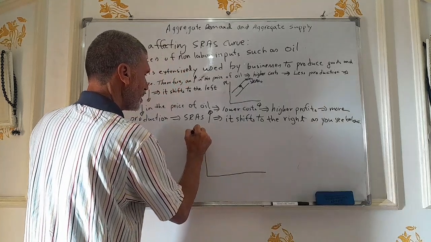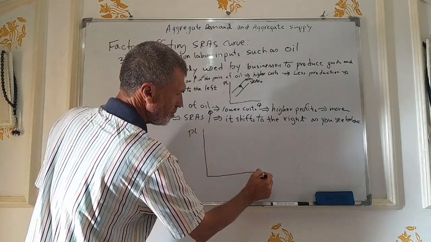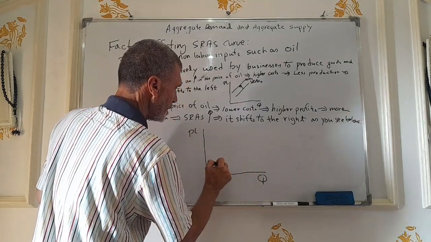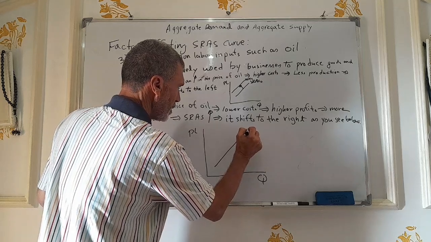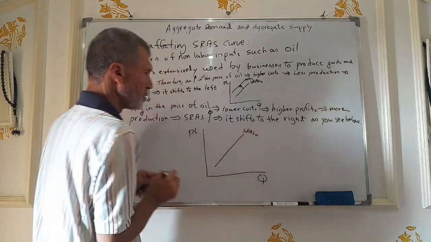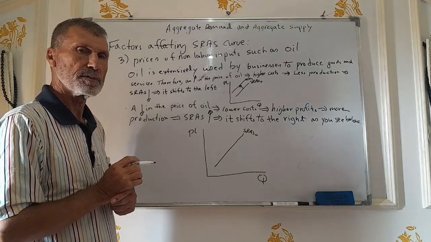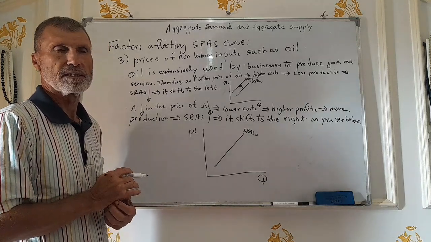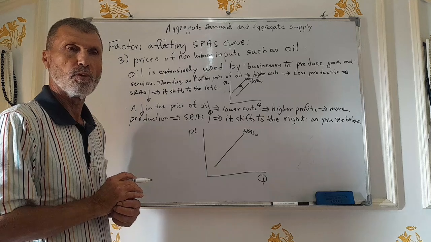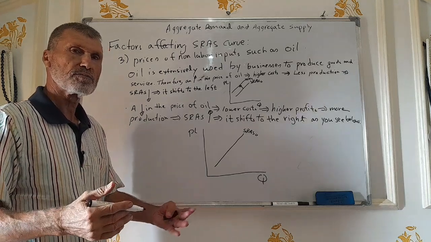This is the price level, and this is real GDP, and this is the short-run aggregate supply. So when the price of oil is going down, this makes the profit of the firm go up, which encourages the firm to produce more.